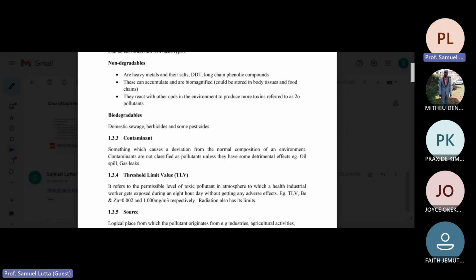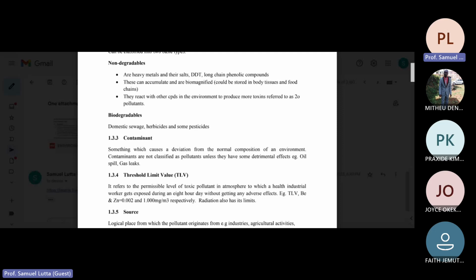A good example of a contaminant is papers. The papers that we normally use to write, we know that they are not supposed to be littered anywhere, but they don't cause any direct harm to human beings. But when they accumulate, they might cause blockages of drainage.